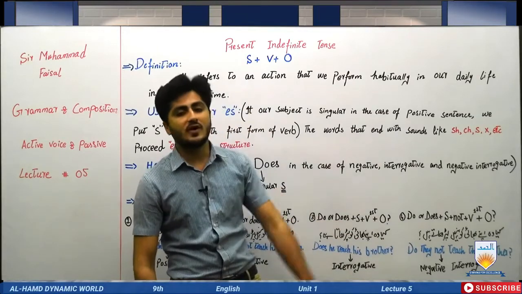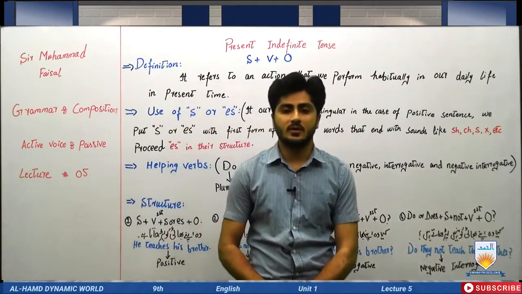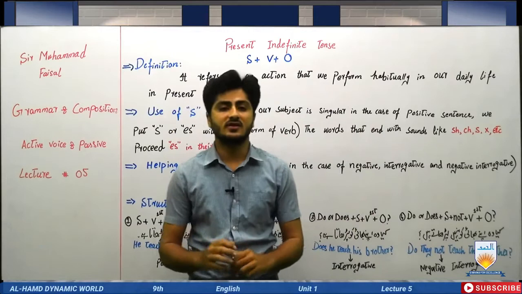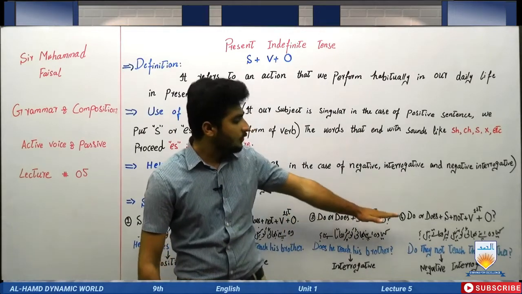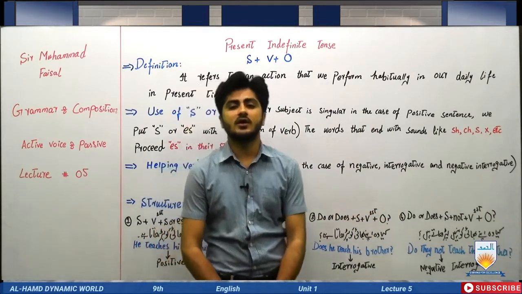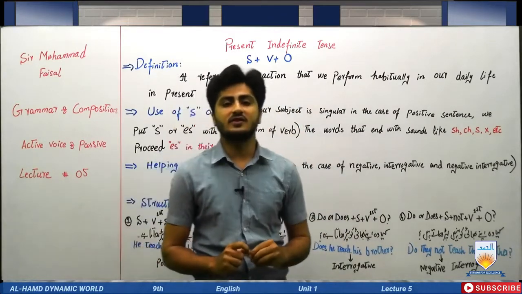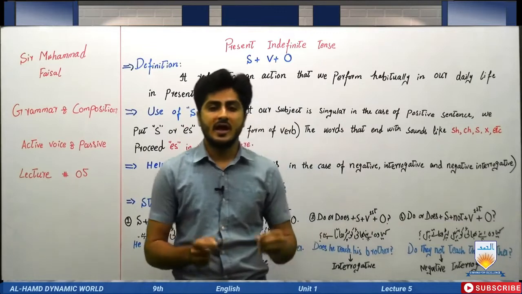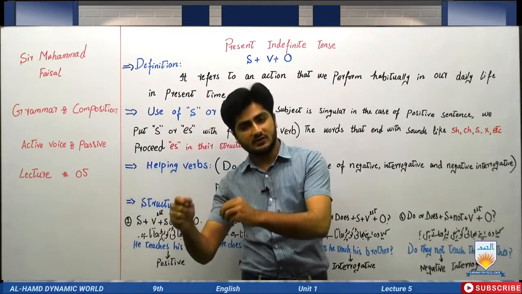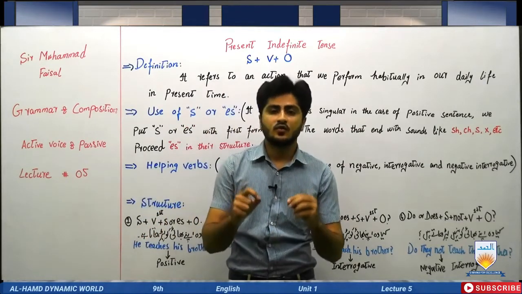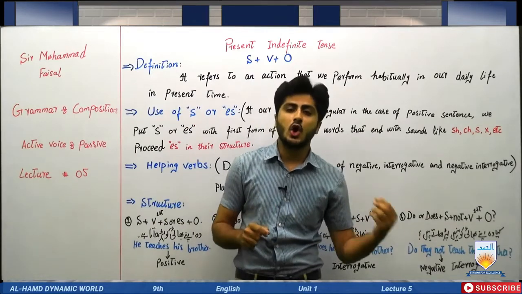Now let's move towards fourth form of the sentence. Fourth form of the sentence is called negative interrogative. In the case of negative interrogative sentence, we again put helping verbs in the beginning of the sentence, but here we also put not.